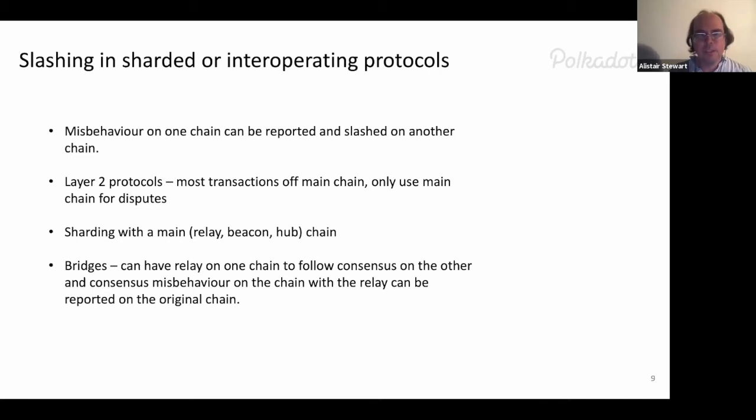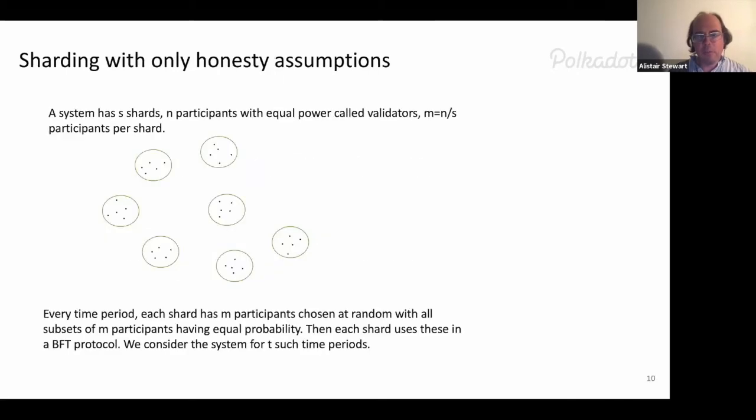So we can definitely make sharding work with only honesty assumptions. Basically, in the permissionless setting, we'd agree on who our participants are. We'd divide them up into sets, and we randomly assign people to sets of equal size for each shard.